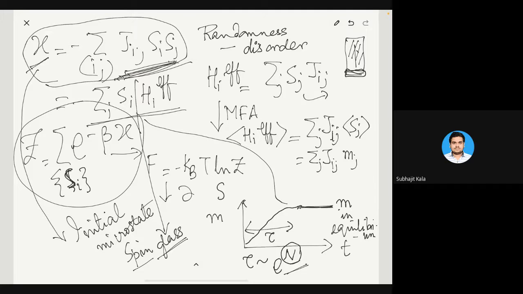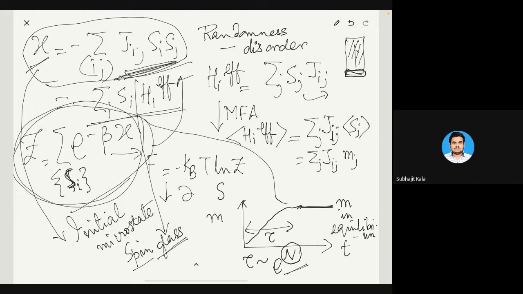Yes, sir. And what Giorgio Parisi did was, and I think he was pretty young at that time, at the time when he found, and he could do this computation of the partition function for this model. So this model is known as the Sherrington-Kirkpatrick model.